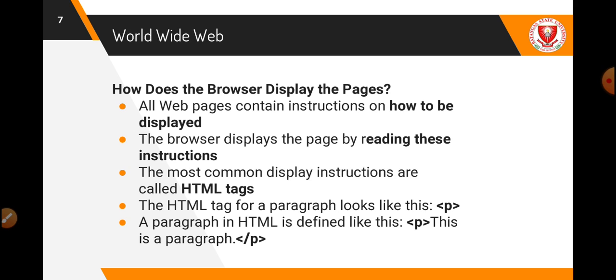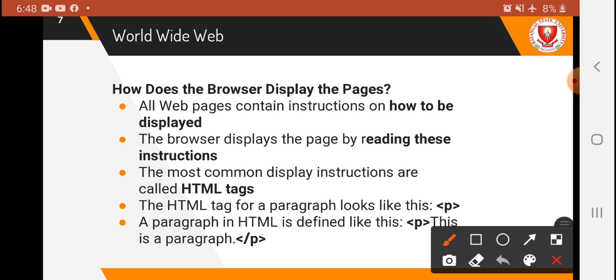The HTML tag for a paragraph looks like this. We have our brackets, and inside is our tag, which is P. P stands for paragraph. That means that anything between the start tag and end tag of the P tag will be displayed as a paragraph on our web browser, which later on we'll see how it works.